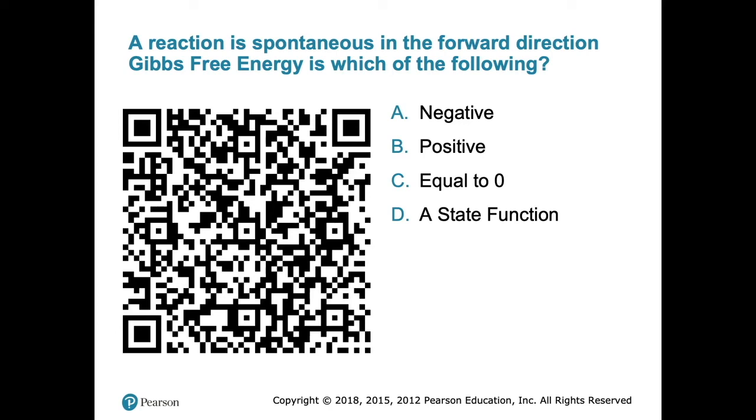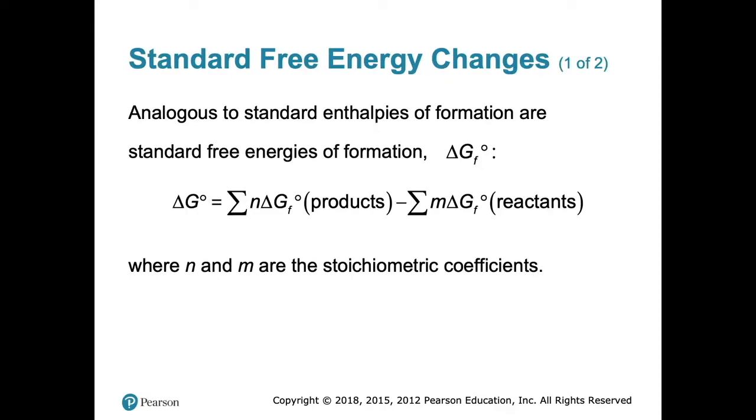So just like any other state function, we can do this number here, well, except for temperature and pressure, but the other ones that have deltas in them, right? The same thing is true here. So this right here is called the standard delta G of formation.